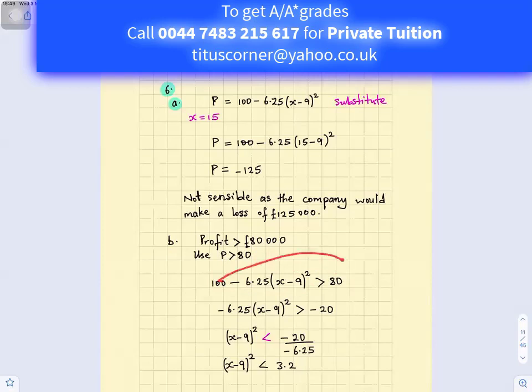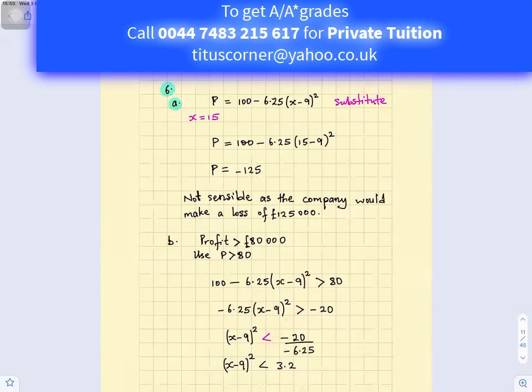So if we take 100 to the right-hand side, 80 minus 100 gives you minus 20. And then we divide by minus 6.25. When you divide by a negative, you change the sign from greater than to less than. Because we are dividing by minus 6.25, we change the sign from greater than to less than.